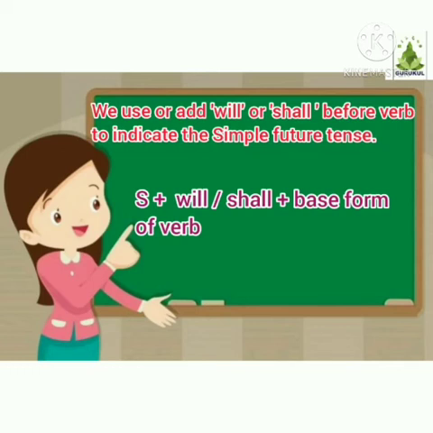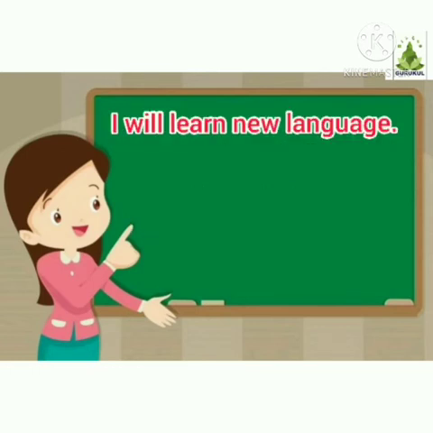For example, I will learn a new language. Can you tell me which is the subject over here? Very good. Yes, you're right. I. And can you tell me which is the helping verb over here? Very good. That is will. Here, learn is the action word.